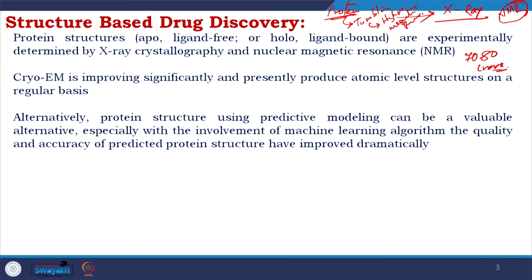The quality and accuracy of predicted protein structure have improved dramatically, and I have already talked about it, but just to refresh your mind, in the year 2020, last year, the machine learning based fold prediction program AlphaFold 2 has achieved a scoring which clearly says that the accuracy of structure prediction is at par with the experimental structure.